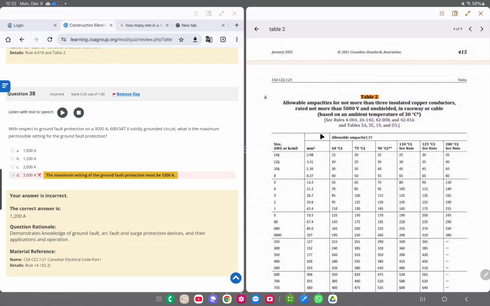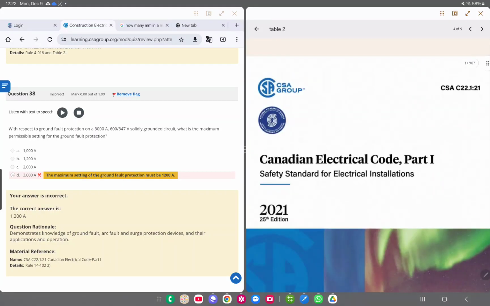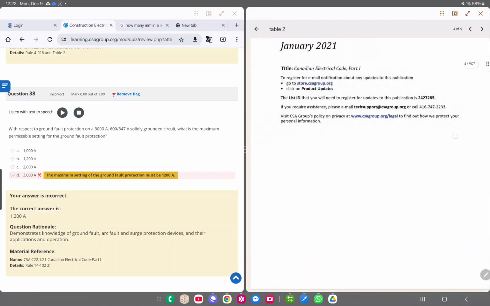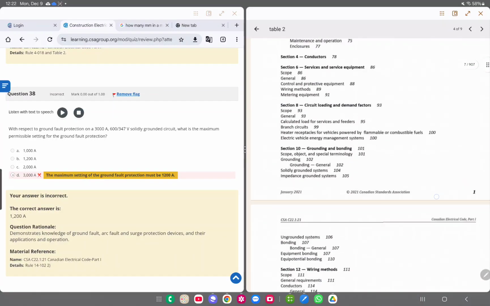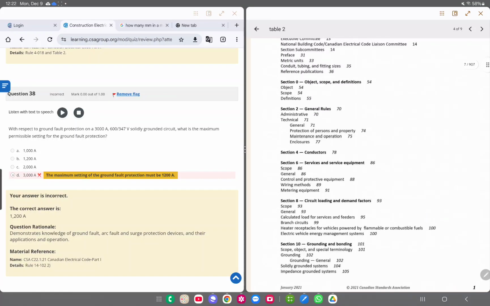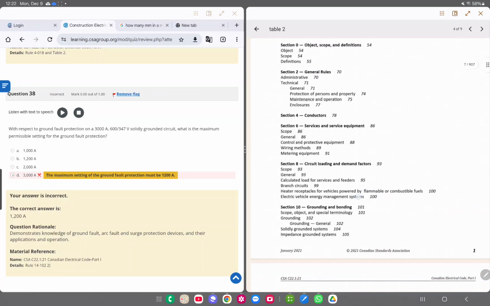And if we could use the table of contents, we can look for protection. Protection of persons and properties is number 2.